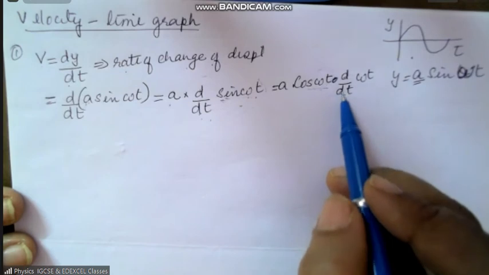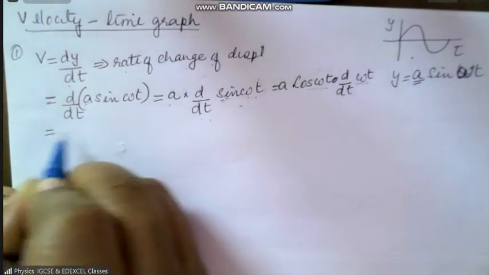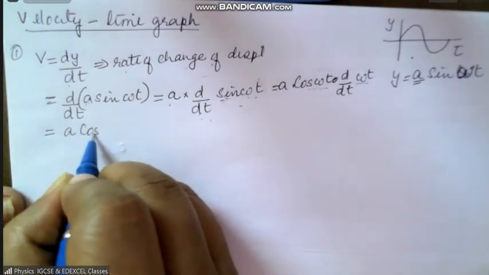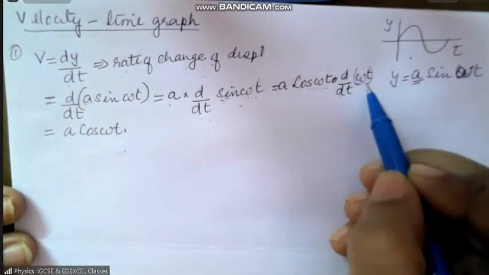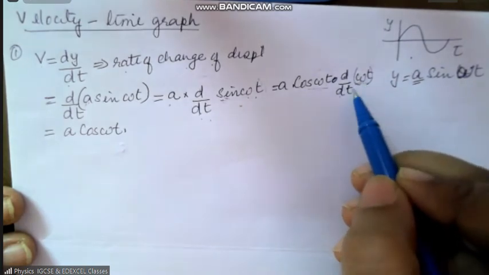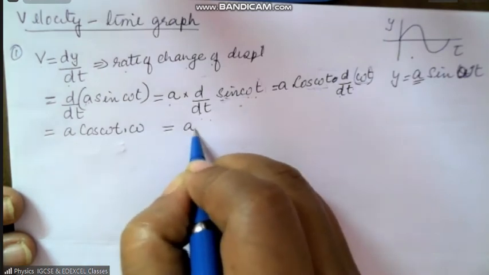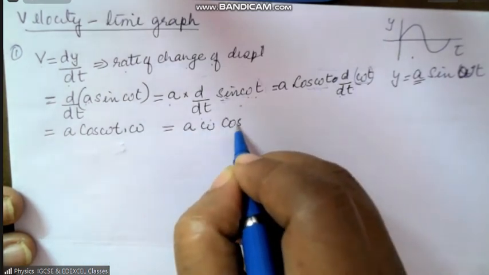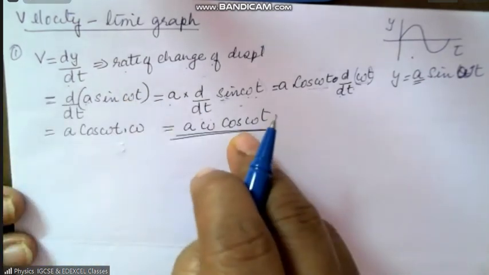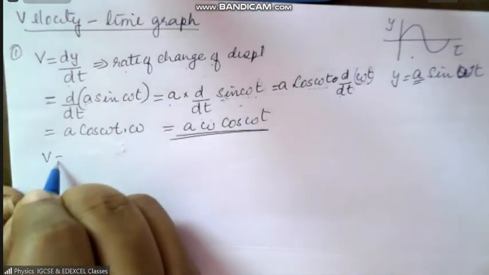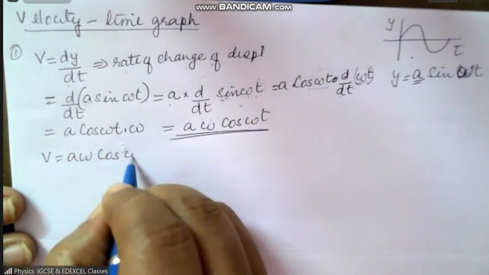So d by dt of omega t. Now what do you get? This is equal to a cos omega t into d by dt of omega t. Constant out, that means omega, which means a omega cos omega t. This is the velocity equation. So v is equal to a omega cos omega t.